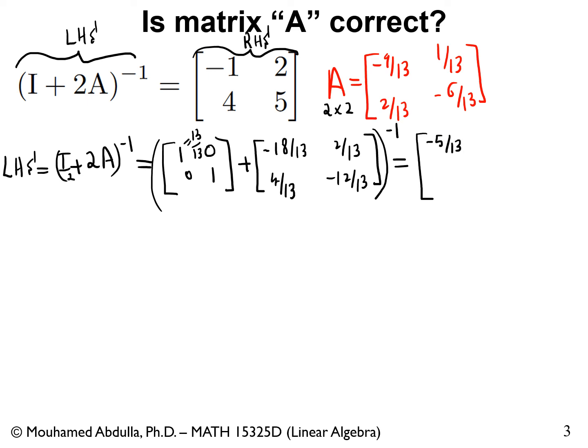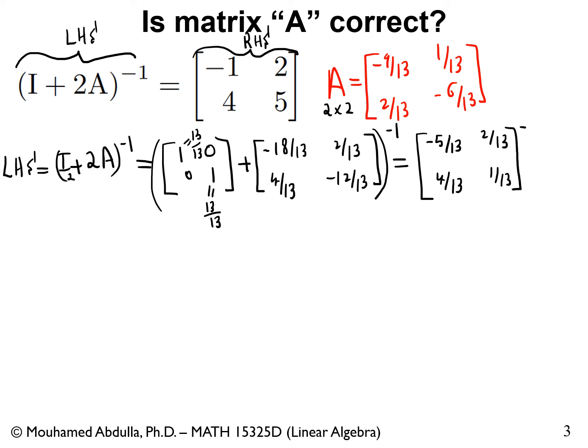The next one would be 0 plus 2 over 13, which is just 2 over 13. The next one would be 0 plus 4 over 13, which is just 4 over 13. The next one would be 1, which is basically 13 over 13. So we do 13 minus 12, which becomes 1 over 13 in here. And this is the result that we got.